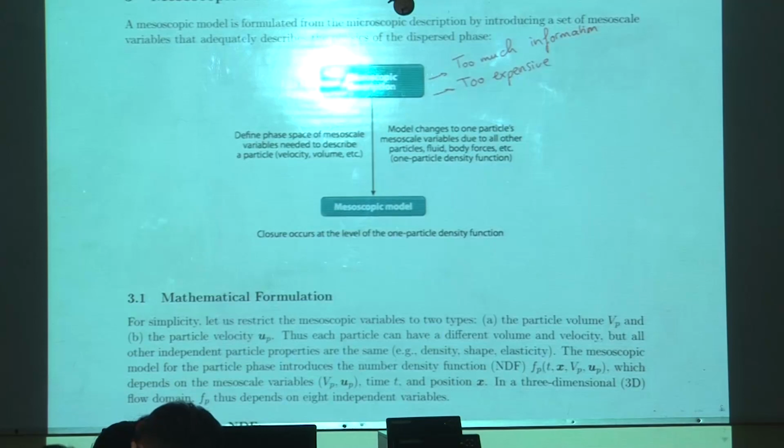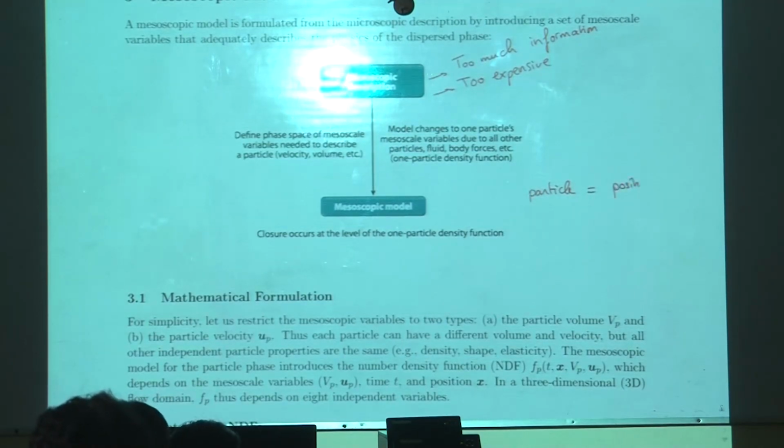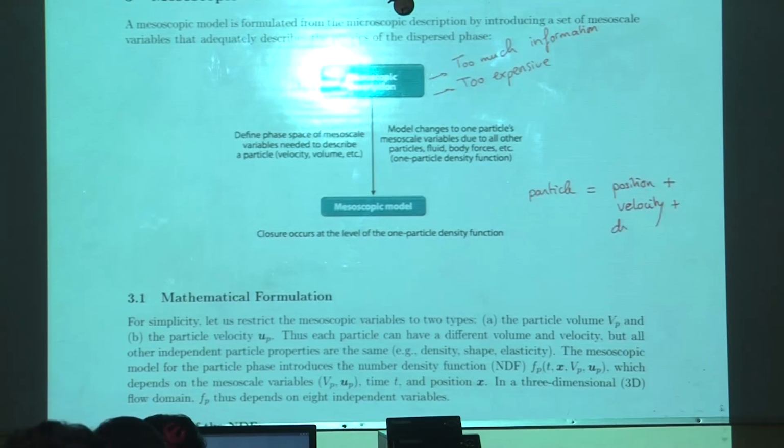So we're going to boil that down to a simpler problem by essentially going to the question of a particle equals a position plus a velocity plus a drag model. That's essentially the main step we're going to do when we go to the mesoscopic level of discussion.